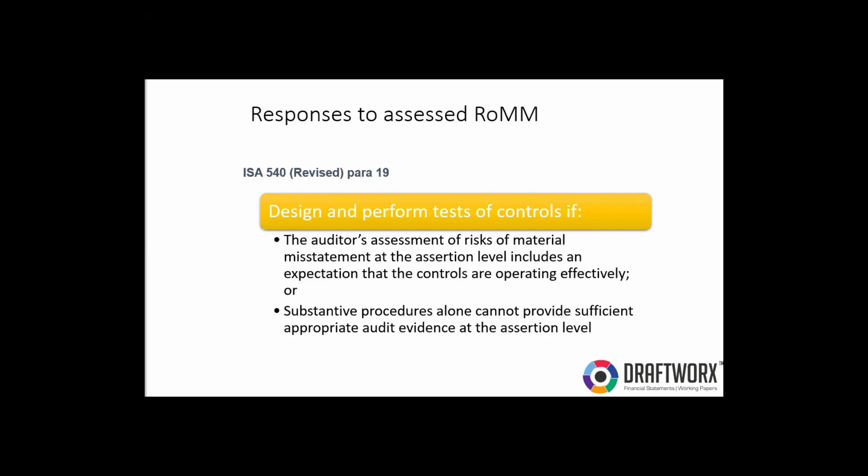Then that's one of those exceptional circumstances where you must perform testing of controls in conjunction with your other testing. All right, but usually it's pretty clear cut. In most cases, the systems aren't that complex that you have that second option, but just remember that that is one of the possibilities.